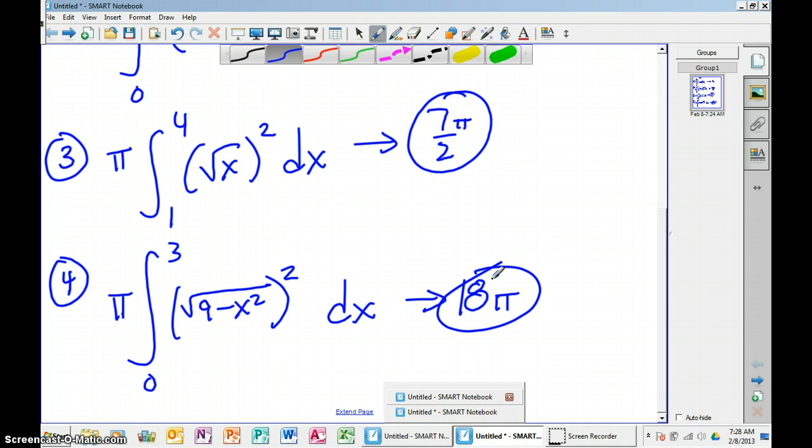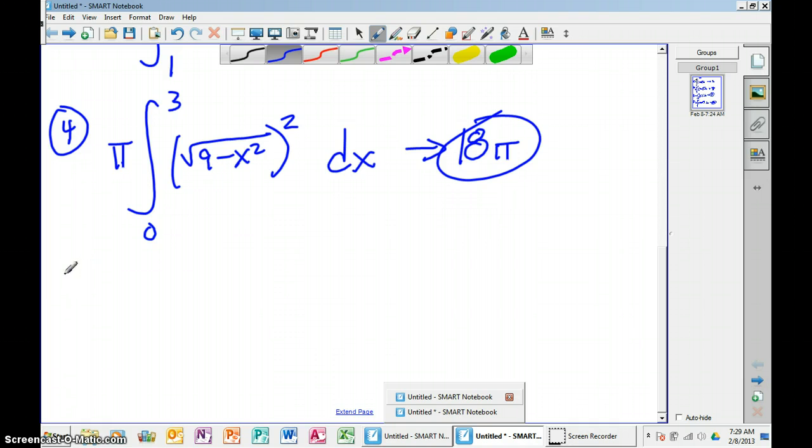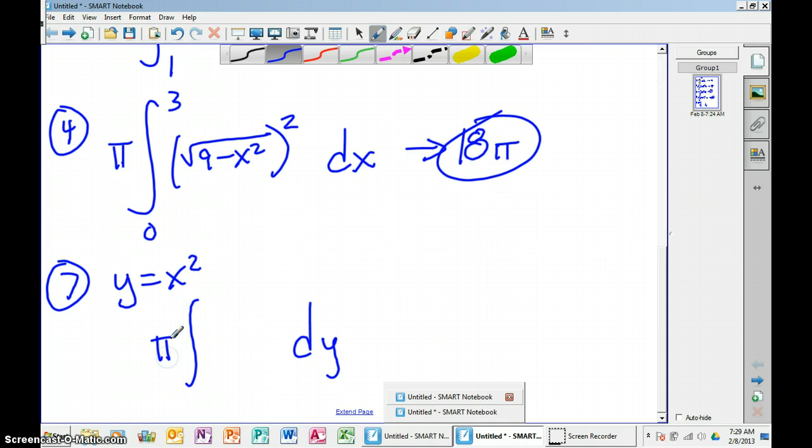All right. Continuing with disks. Number 7 now. A little bit different because, oh no, it's not. It's still a disk, but now it's the y-axis. So it says y equals x squared, and it's going to the y-axis. So I know I need a dy in the answer. So this is what I got so far.